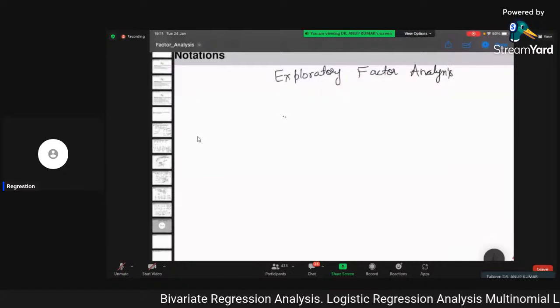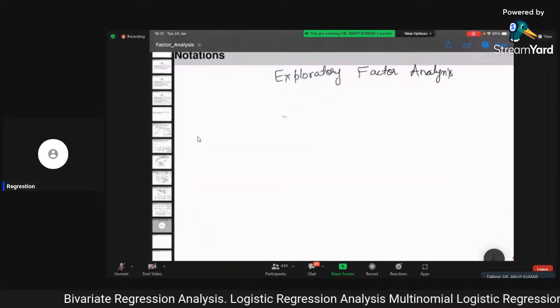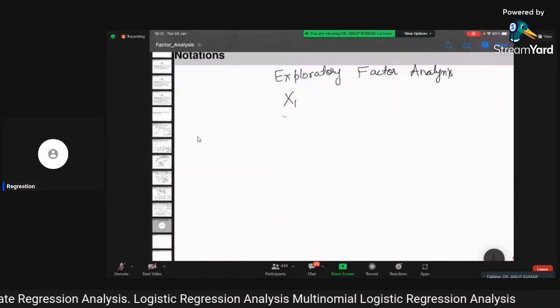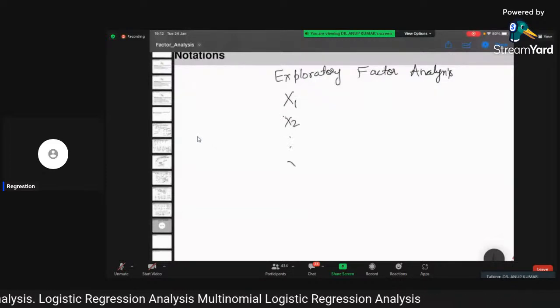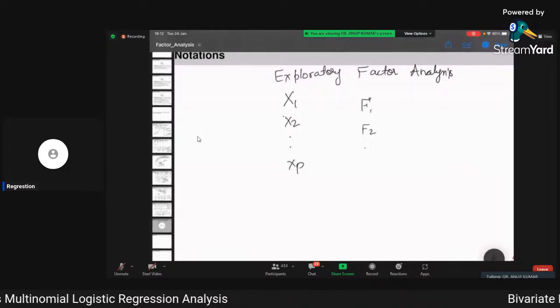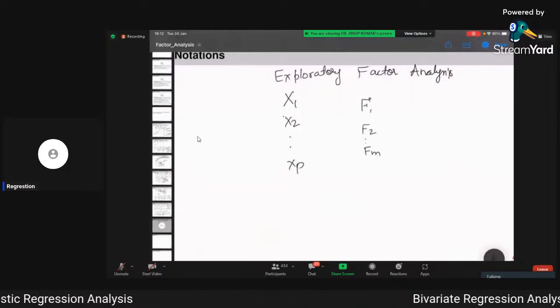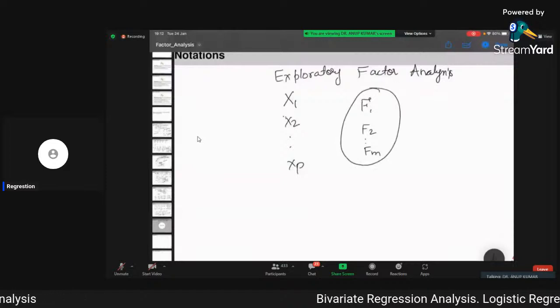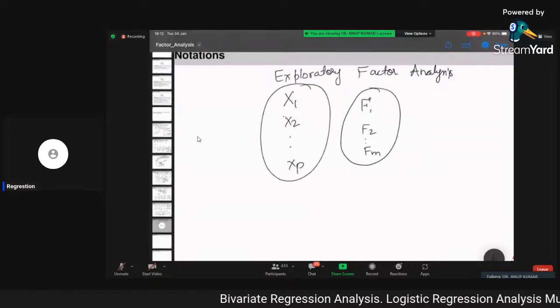Because with the help of this model, x1, x2, xp, I am exploring what the hidden factors are.